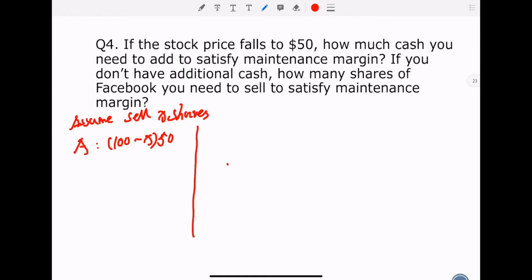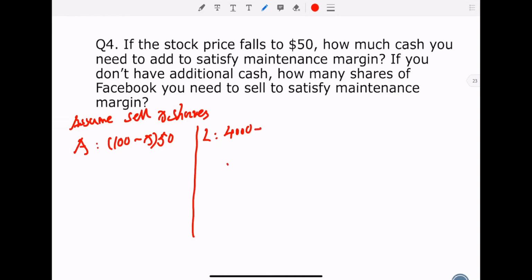Now think about liability. Well, you have $4,000 of liability. However, because you have sold X shares of Facebook stock at $50, you will use this proceeds to reduce your liability, right?